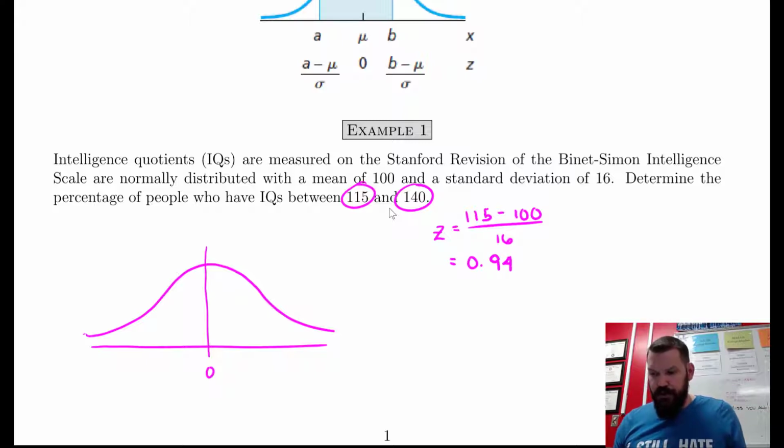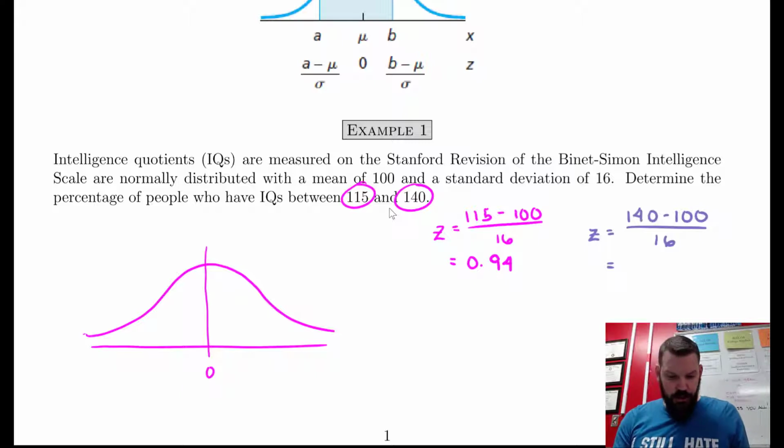So that's the z-score for 115. We also need to compute the z-score for 140. So that's 140 minus 100 over 16. So the z-score for that would be 40 over 16. As a decimal, it will be 2.5. So we have 0.94 and 2.5.